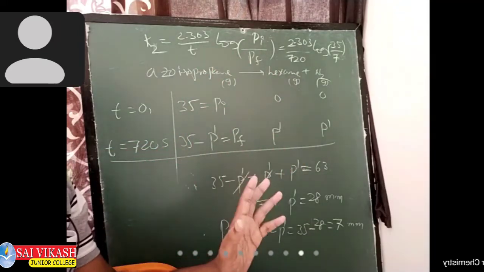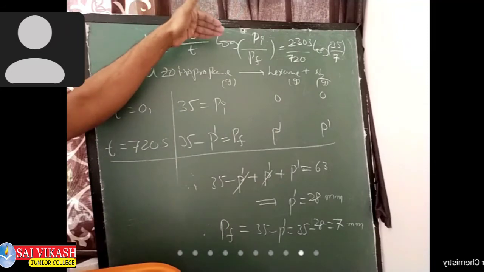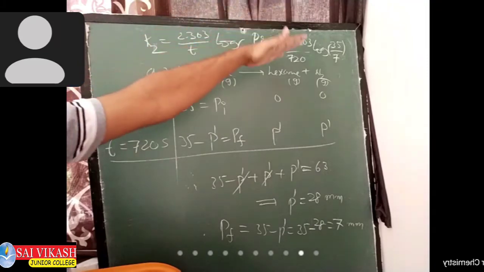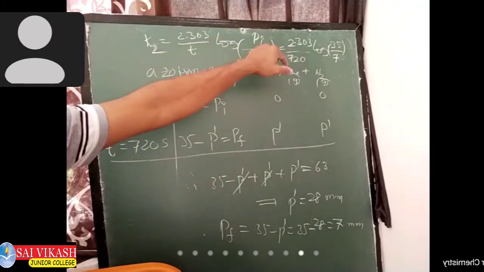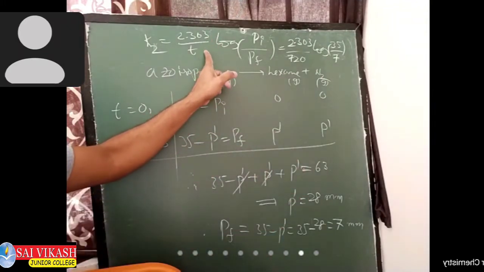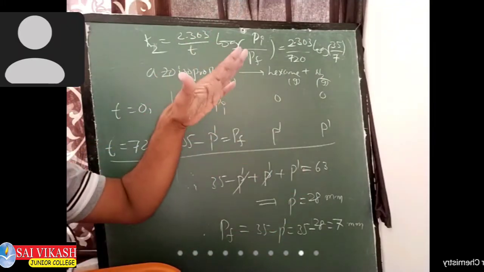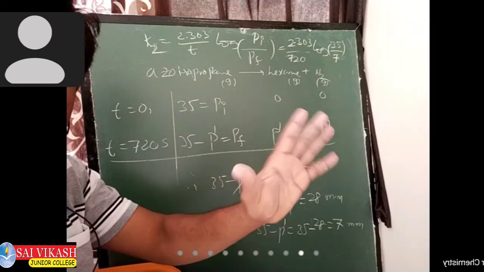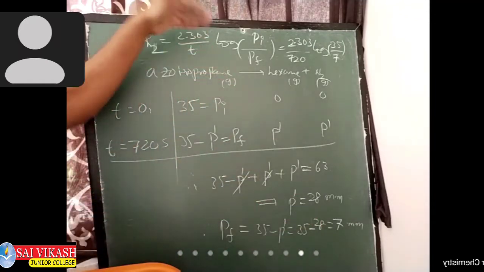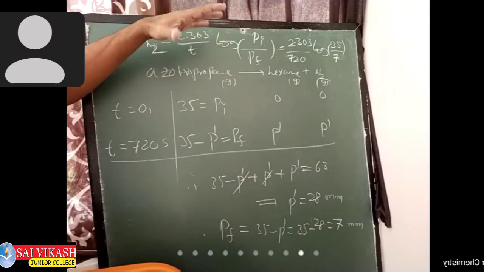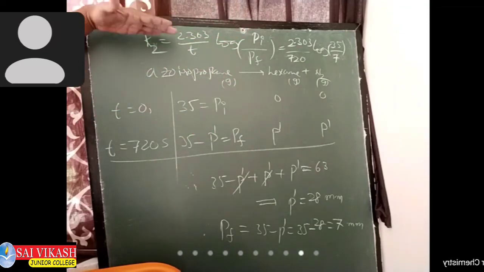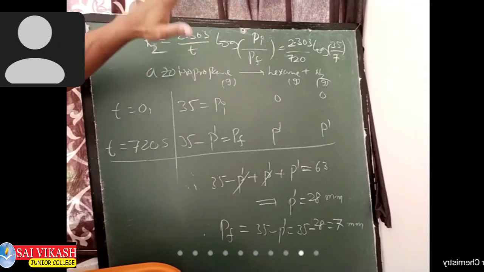If you use the first order integrated rate equation at 360, we get some K1 value, and if the K2 value also comes almost the same, then the formula we are using for this given data is correct. Like that you need to check if the particular order is not given. You need to take any order's integrated rate equation, substitute the values, and cross check whether the K values for both statements are the same or wrong.